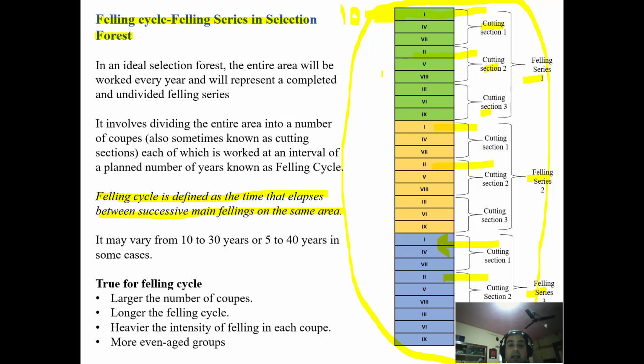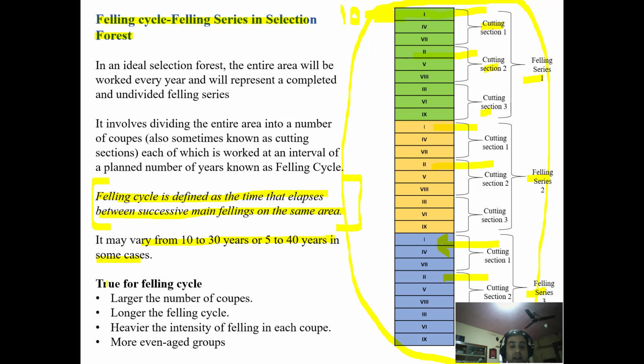And again in the 10th year we will come back to this cut. By then the crop in this Coop will have matured again and will be ready to harvest. So after a period of the felling cycle, we return to the same area again for felling, and it may vary from 10 to 30 years or 5 to 40 years in some cases.